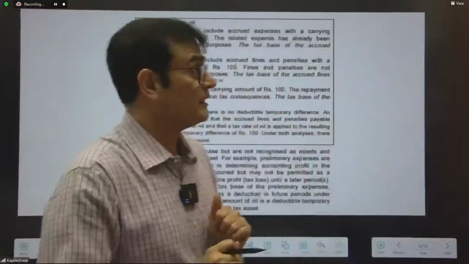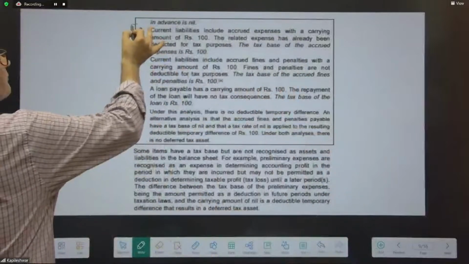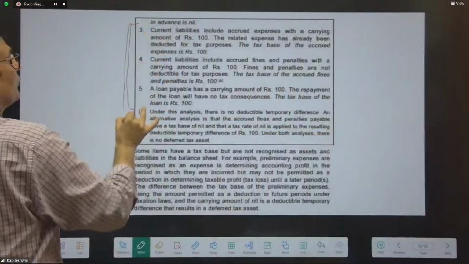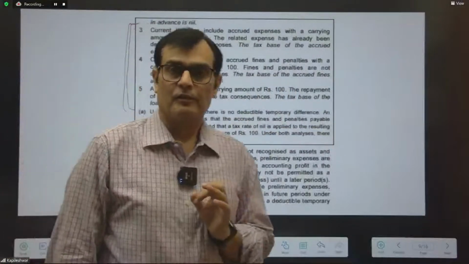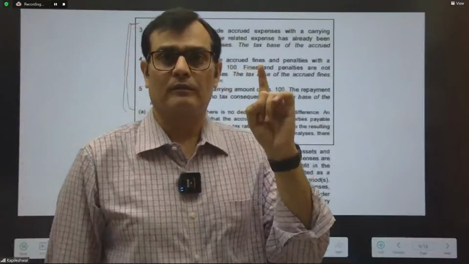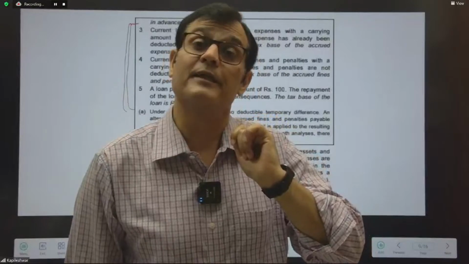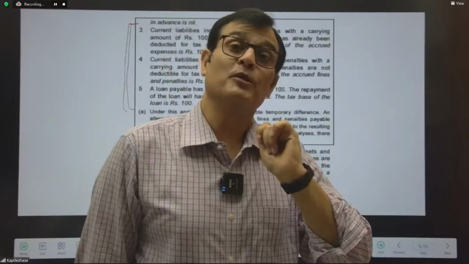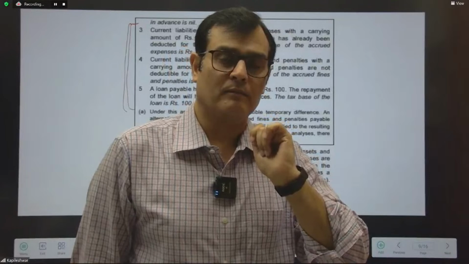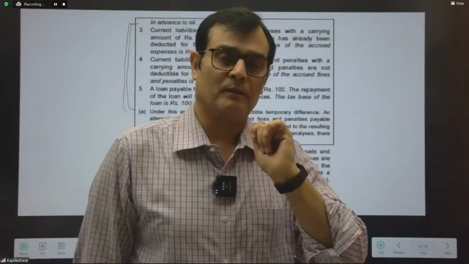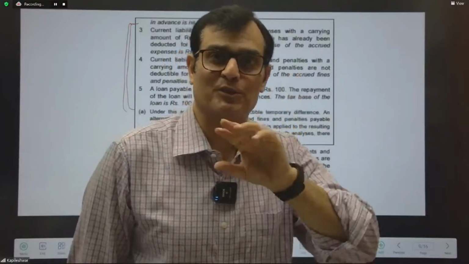I'm pretty sure now you will see that in all these three examples, you are going to see one thing common. The first example I gave you, you will get a deduction on payment. Now which ones will come? You will not get a deduction on payment. Because it is already allowed. Because it is prohibited. Because it has got no tax consequences. Look at the chain.